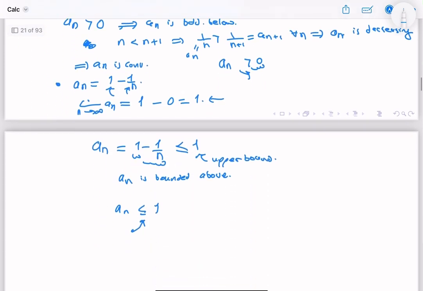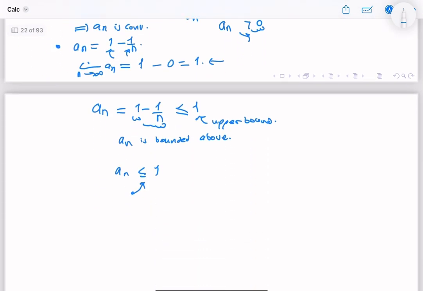So let us see why it is increasing. We said that one way is to use the inequality, and the other way is to look at the difference. So let's look at the difference of a_{n+1} and a_n. If you put n plus 1 instead of n, you have 1 minus 1 over n plus 1, and then you're subtracting 1 minus 1 over n, which is a_n. And what is that?